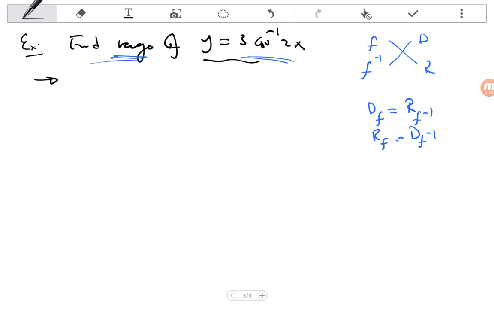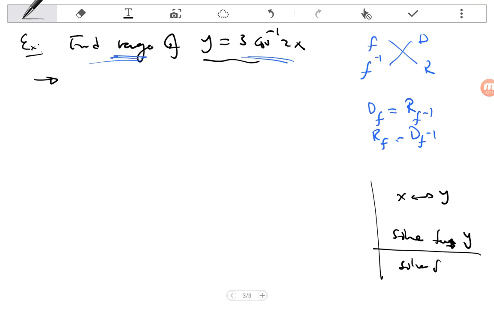How to find the inverse of this function? We learned 2 steps: to interchange x and y and to solve for y. Or you may do it in another order. You may solve for x first, then interchange x and y.